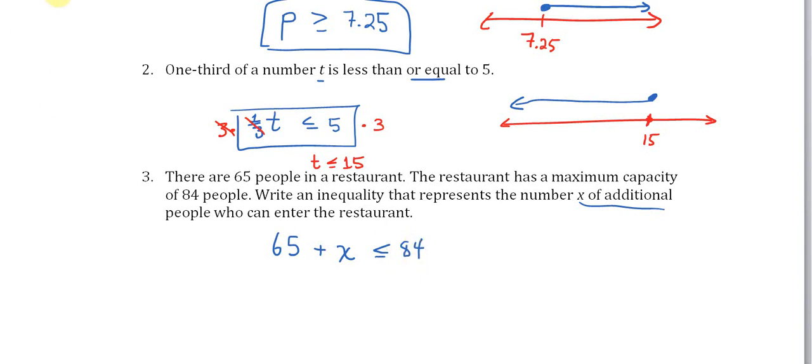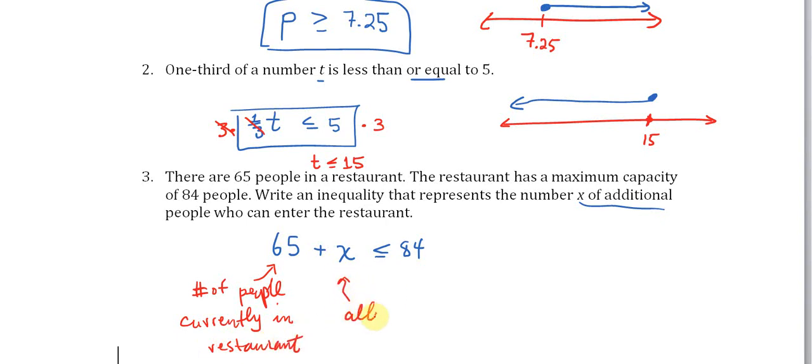Okay. So let's put some more detail into this a little bit. Number of current people, number of people already in the restaurant, okay. And this is the allowed number, or the number of allowed additional people.